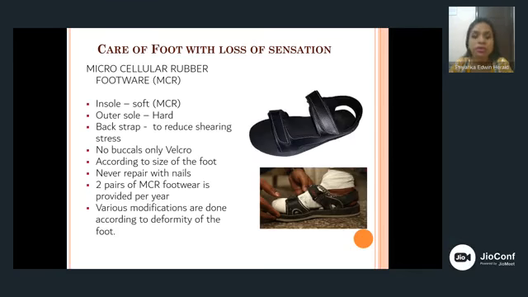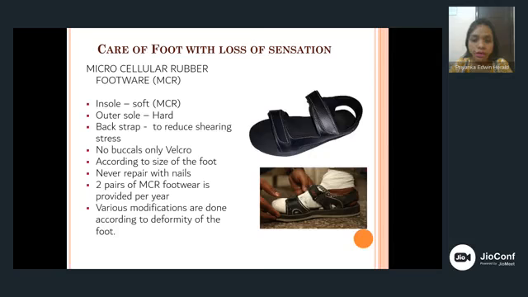It is called microcellular rubber footwear, in short MCR footwear. In this MCR footwear, the insole is soft, but the outer sole, as you can see in the figure, is hard. This hard outer sole prevents any outer injury to the foot.